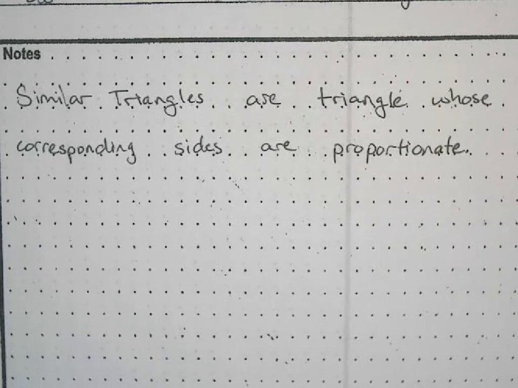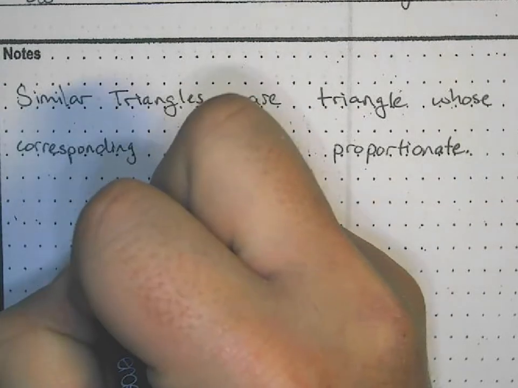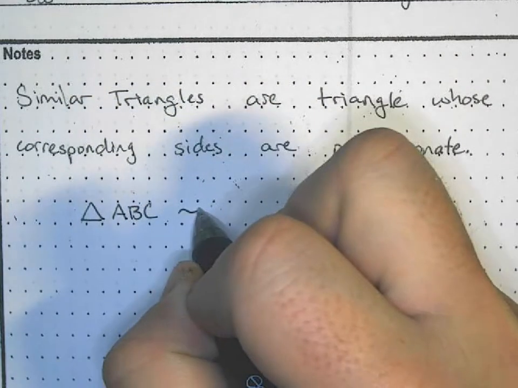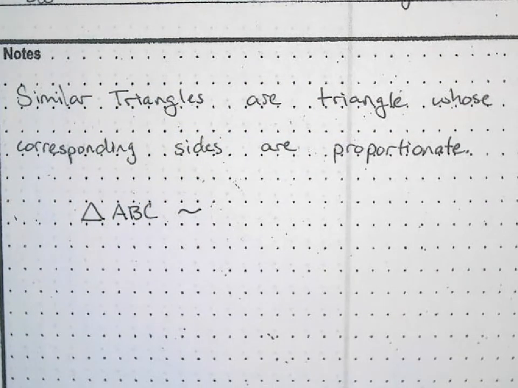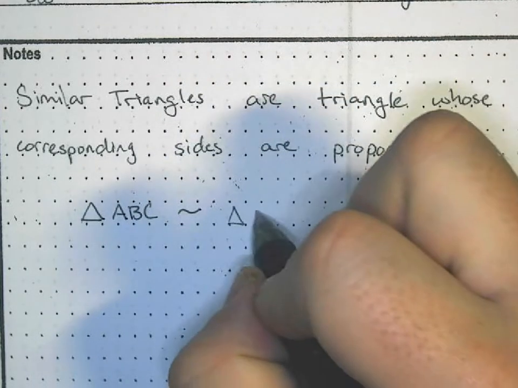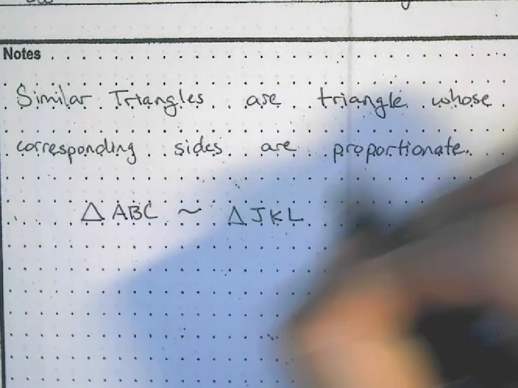So for example, we could have triangle ABC is similar to, so we're just going to use one squiggly to represent that. Triangle ABC is similar to triangle JKL.